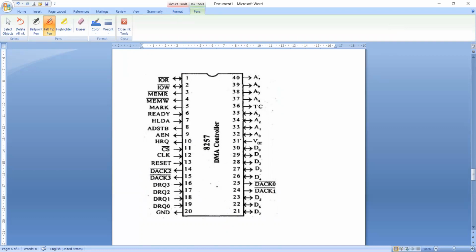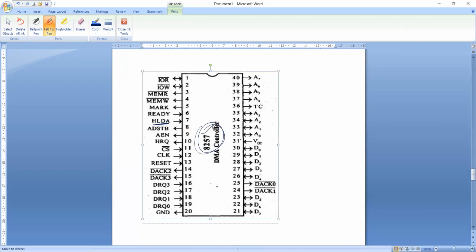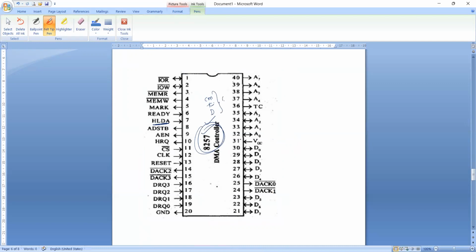Whenever this signal is received, the 8257 controller acquires all control over the control bus, data bus, and address bus of the CPU. All these controls will be managed by 8257 when the HLDA signal reaches it.